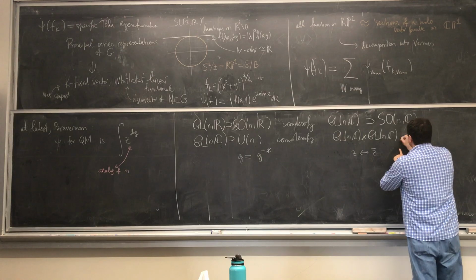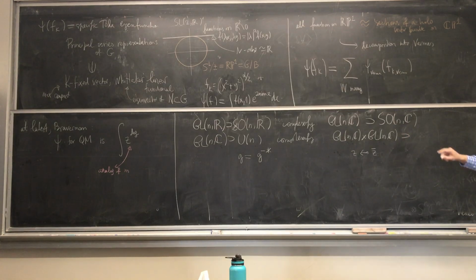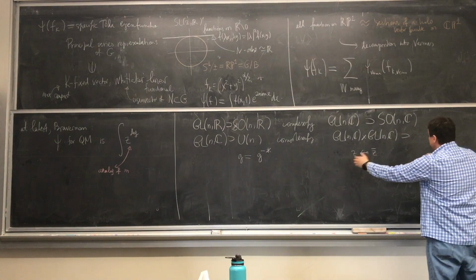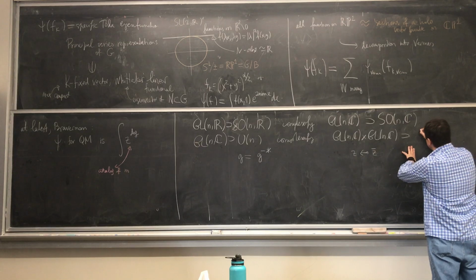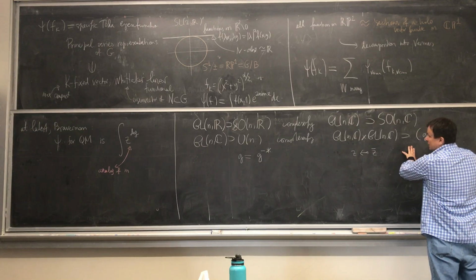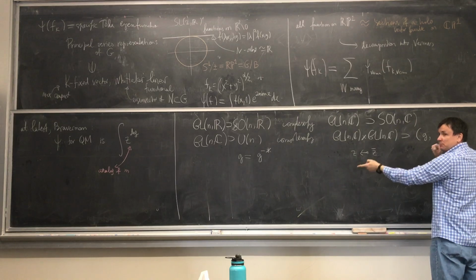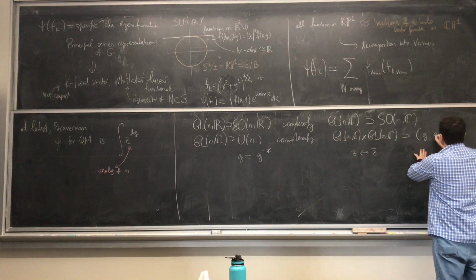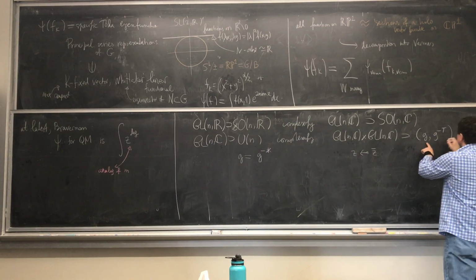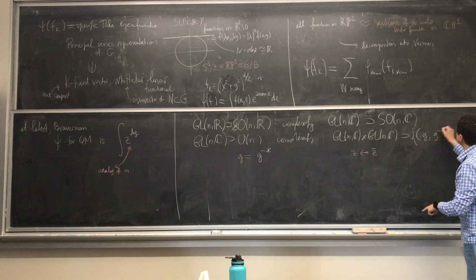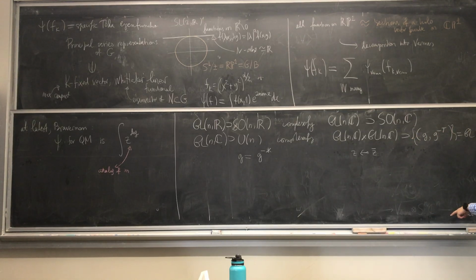And so here the fixed locus, again, is going to be GLN, but of the form where I take G, and it has to be when I permute the two. So complex conjugation is a permutation, so I'm going to get minus transpose, right? So this is GLN C embedded here.